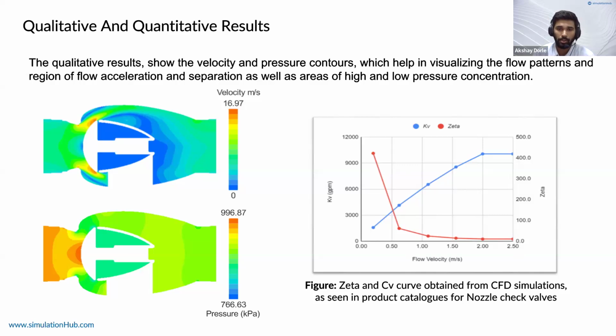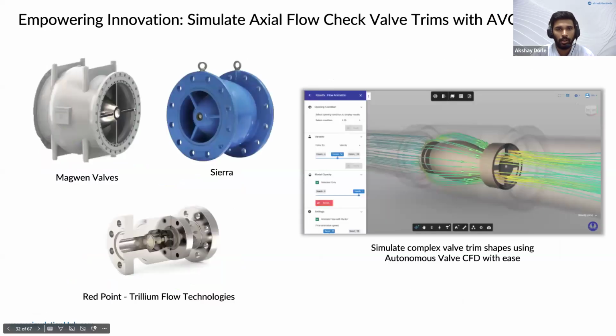It's very powerful because conventionally what manufacturers might print in their catalog is just a full opening CV and zeta, and you might want to understand what it might be at 50% opening or 80% opening. So with AVC and CFD, you can actually determine that and have a much better understanding of how the valve performs in those conditions.